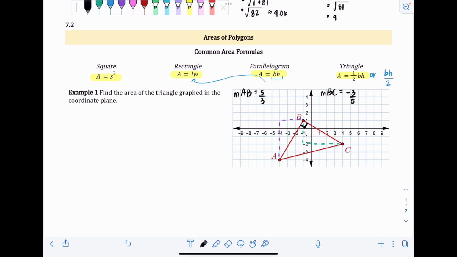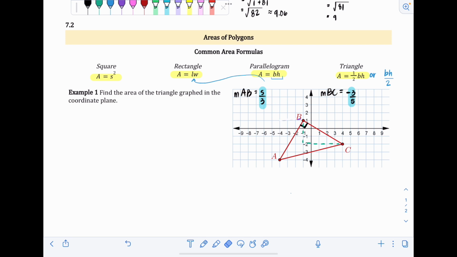And then to check to see if those segments are perpendicular to each other, we have to have opposite reciprocal slopes. So this is 5/3 and this is -3/5. So opposite signs and reciprocals of each other. That means that yes, AB and BC are perpendicular and they form a right angle.